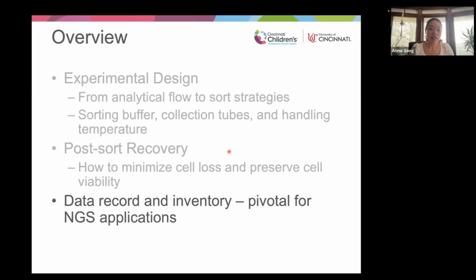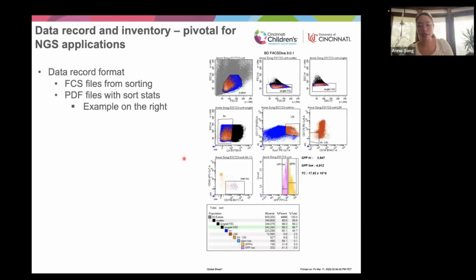And finally, for NGS applications especially, the data record and inventory are very crucial, because sometimes by the time you get your sequencing data back, it's been 2 to 3 months since you did the sort. So I would always recommend that you export a PDF with the sort stats to backtrack the experiment.